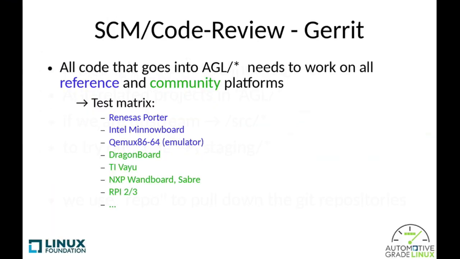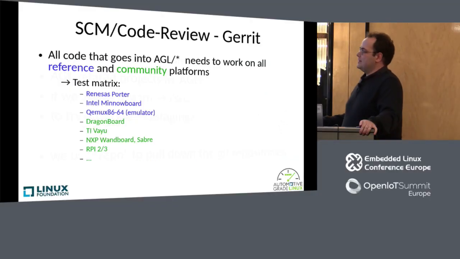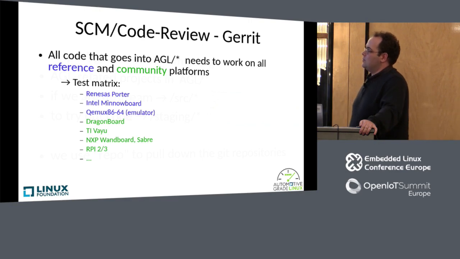Basically, if we want to support all of these boards, we have the reference platforms, which are right now the blue ones that you can see: ARM, x86 hardware, and an emulator target, which is good to have for quick boot tests or for tests which we can do on an emulator in the automation.